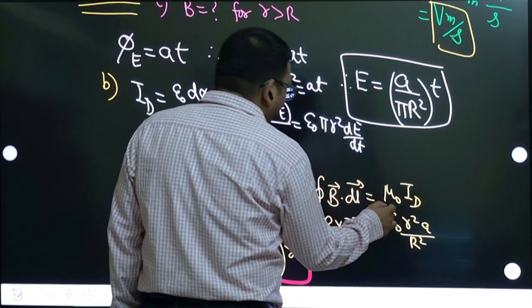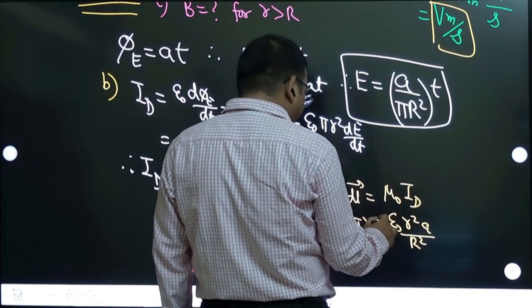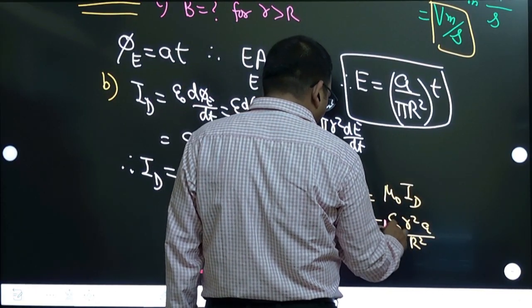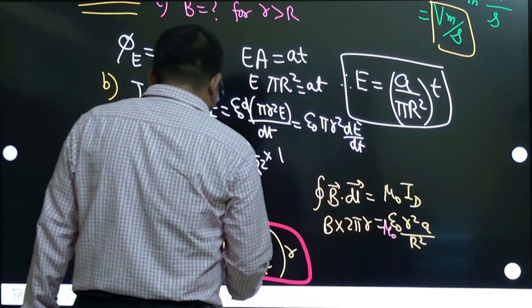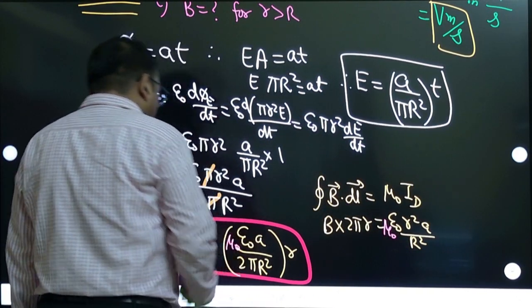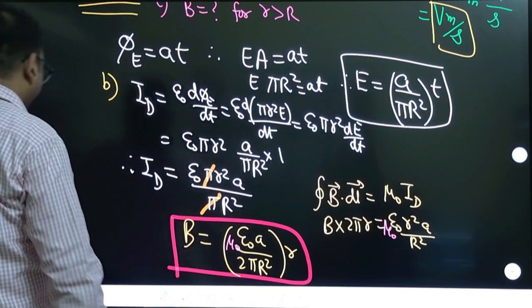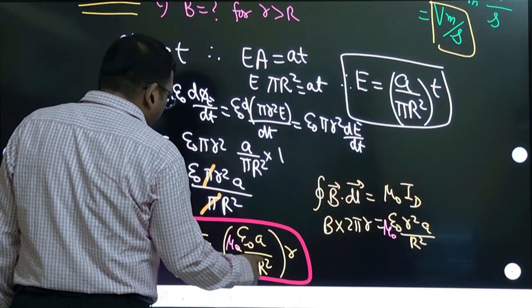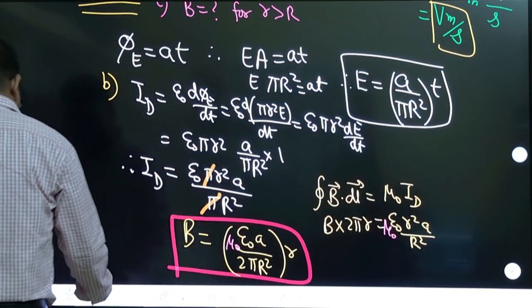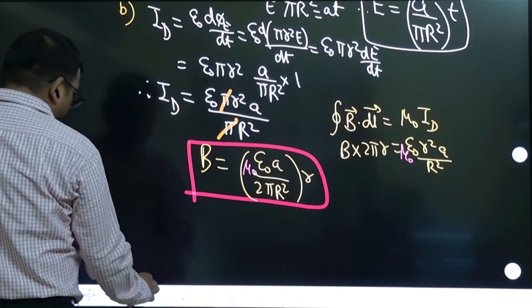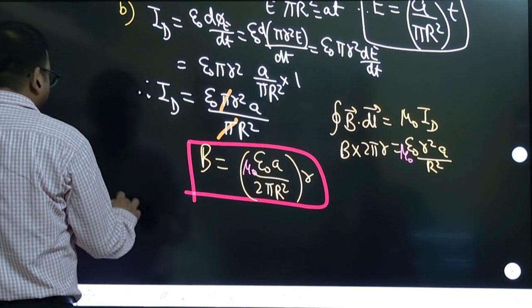Now when we have mu naught into id, I substituted, I think mu naught I missed out. So mu naught is also multiplied here. Mu naught epsilon naught A by 2 pi capital R square into r. Right. Then next part solve like that.